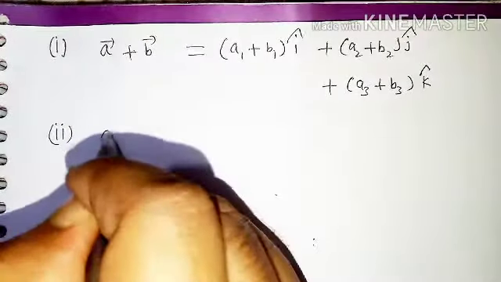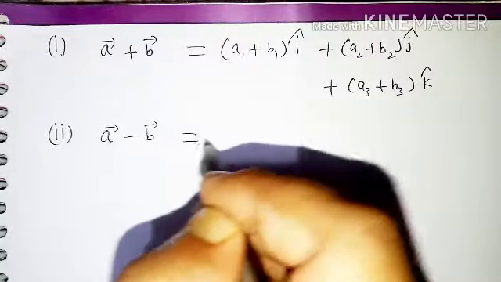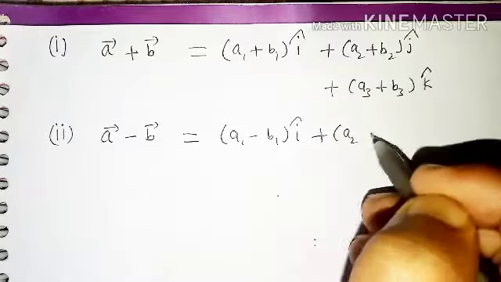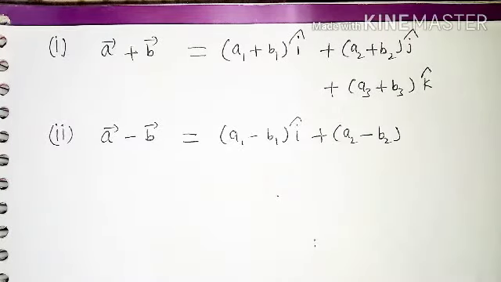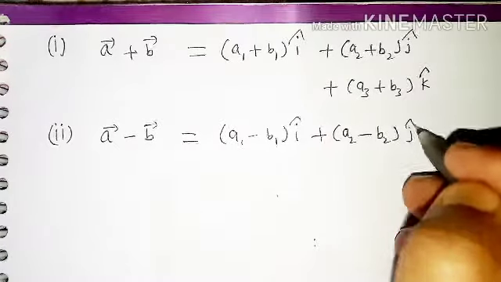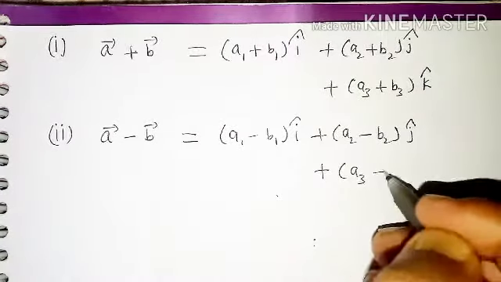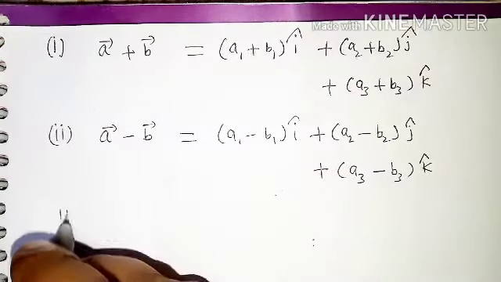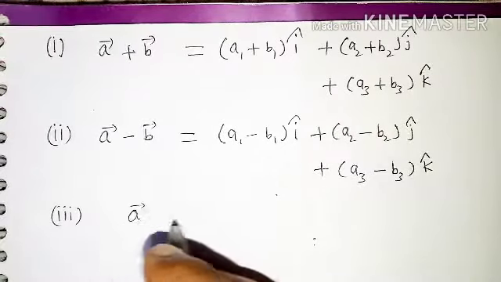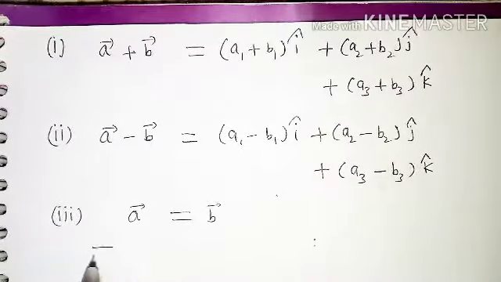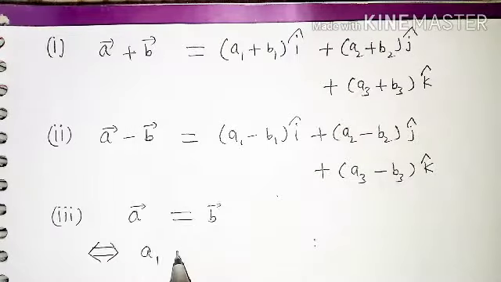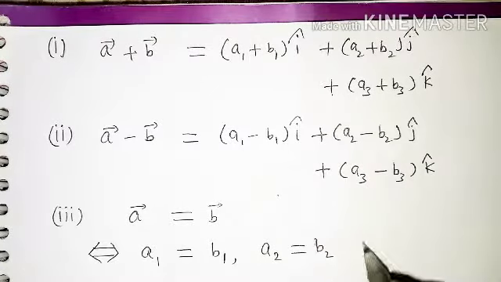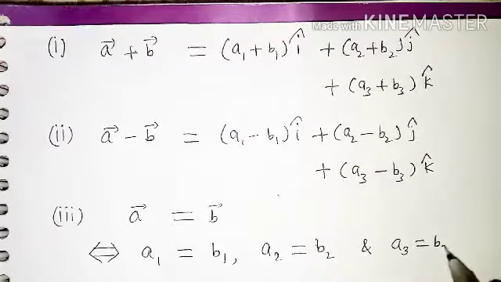Second, vector A minus vector B is equal to (a1 minus b1) i cap plus (a2 minus b2) j cap plus (a3 minus b3) k cap. Third, vector A is equal to vector B if and only if a1 is equal to b1, a2 is equal to b2 and a3 is equal to b3.